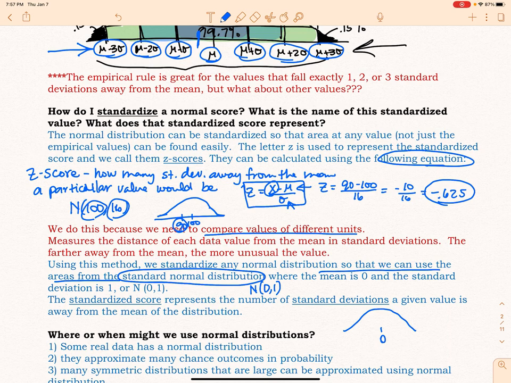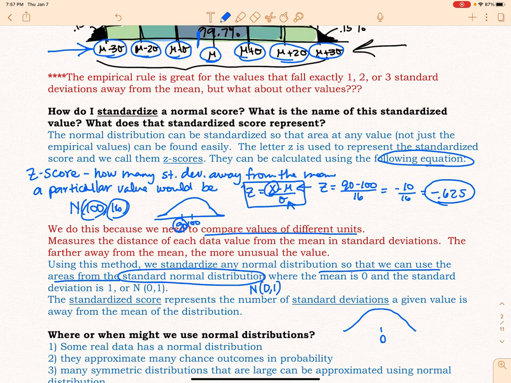But if I have a z-score of 1, I know exactly how many standard deviations away from 0 it is. It's 1. Okay, so it's just a standard way of thinking about the normal curve. If I'm starting from nothing, then I can see how far away I am and how unusual that value is because the z-score tells me that.